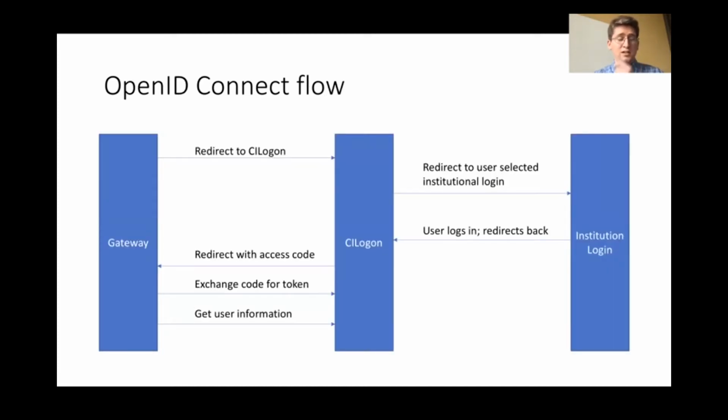And this is just a diagram of what was on the previous slide. Your gateway redirects to CILogon. The user picks an institution, logs in, comes back. The gateway gets the access code, exchanges it for a token, and then you can get the user information.